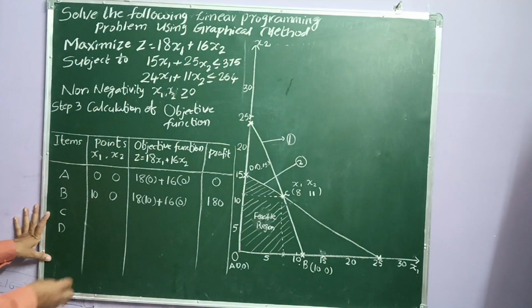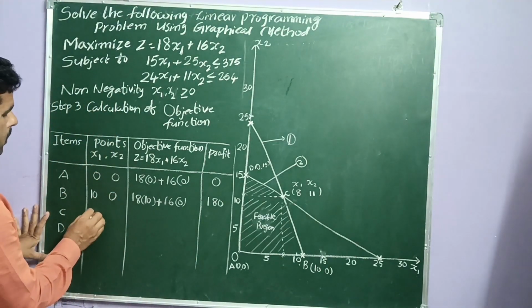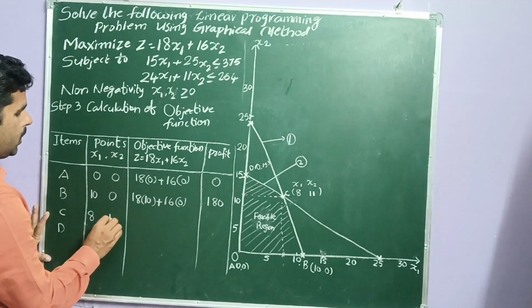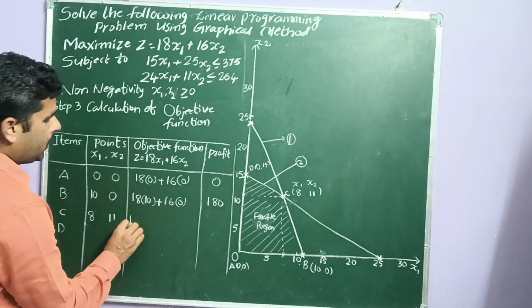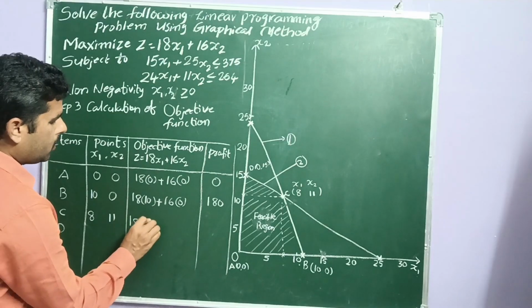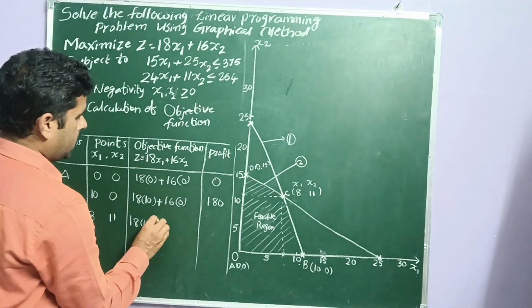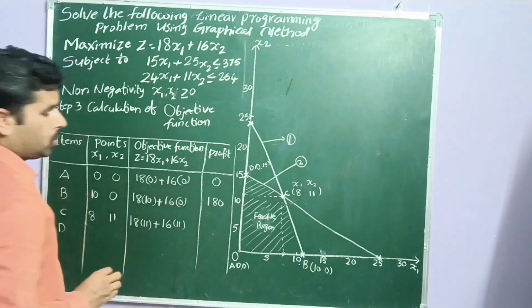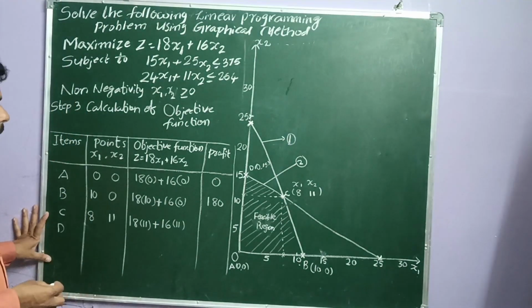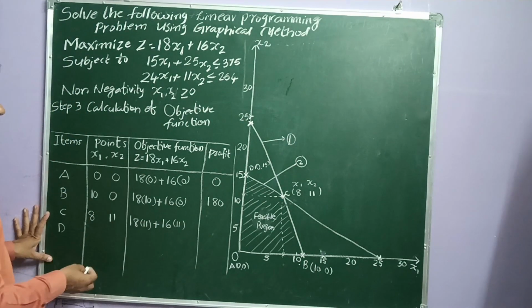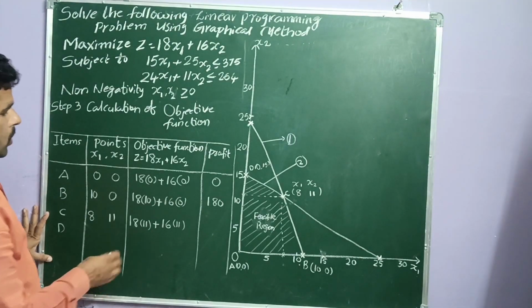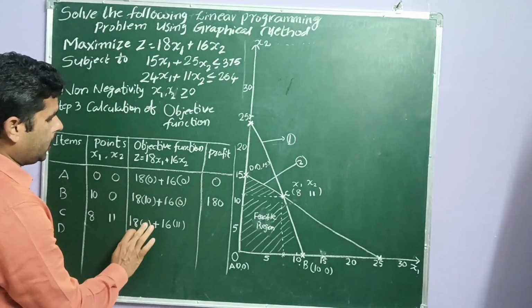The next one: x1 and x2 points are 8 and 11. So 18 into 8 plus 16 into 11. My dear students, please answer this question: 18 into 8 and 16 into 11.